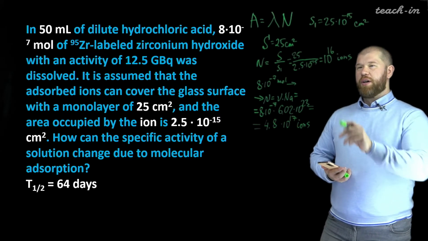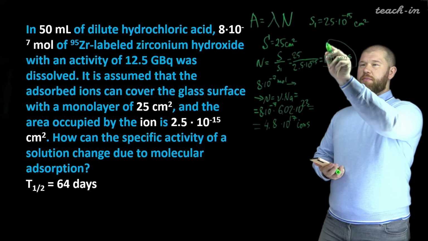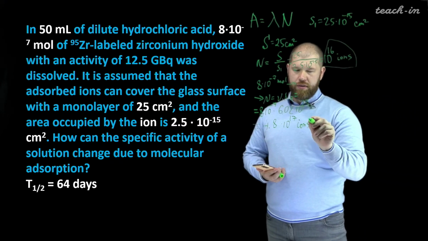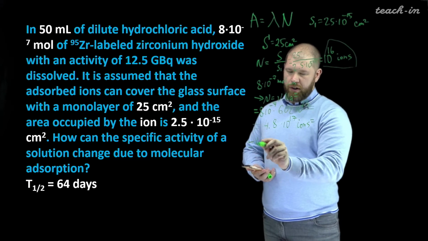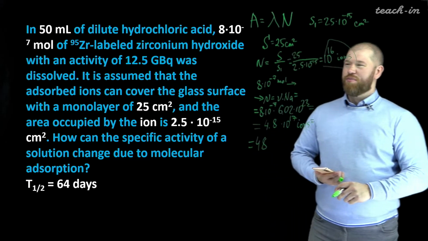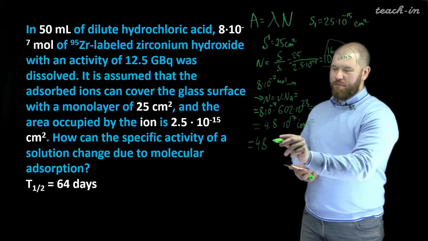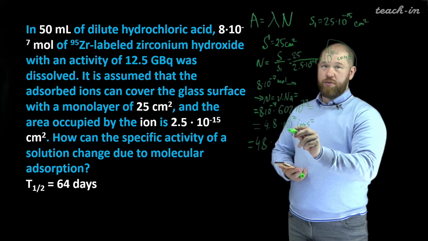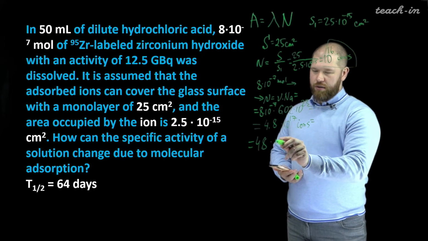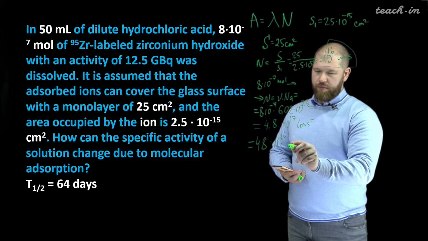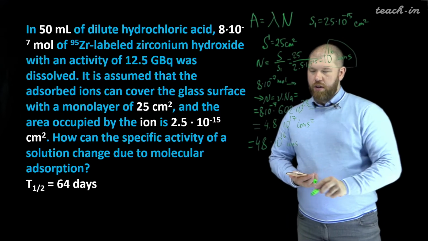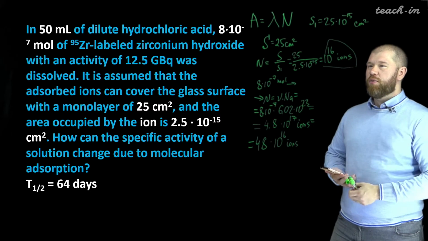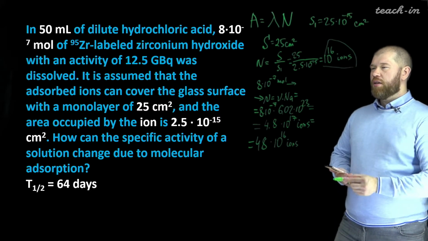If we have this number that can be absorbed, we can rewrite it in a maybe more convenient way. So this is the number in solution, and this is the number of ions that can be absorbed.